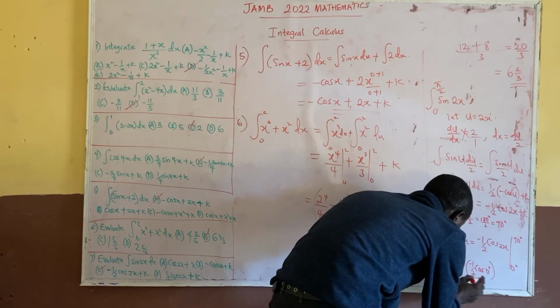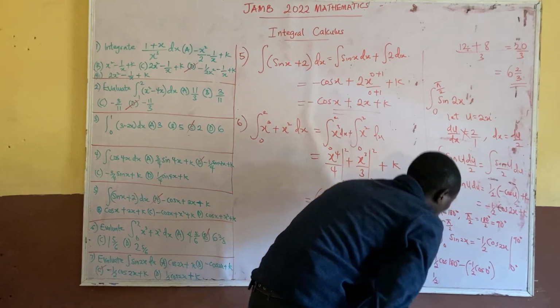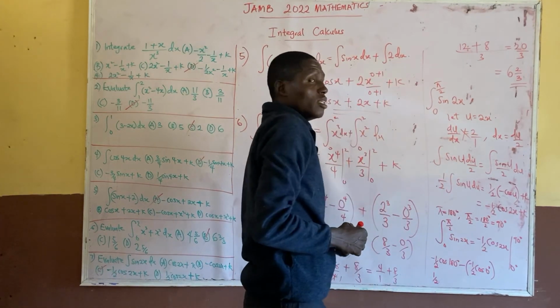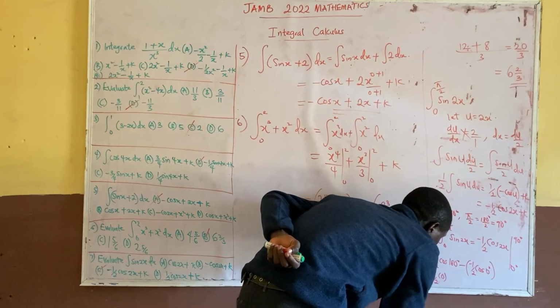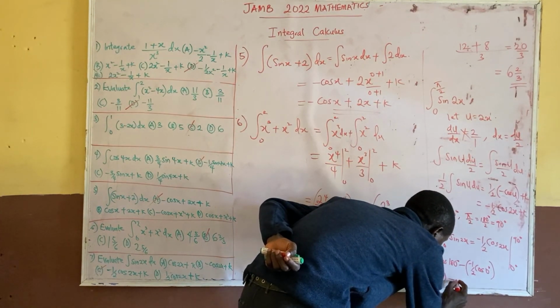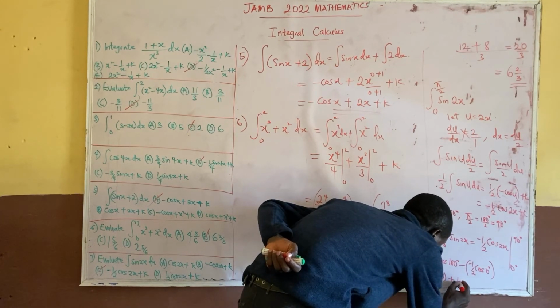Don't forget this minus. Now cos 180 degrees is minus 1, so this one is 1 over 2, minus times minus will be plus 1 over 2.